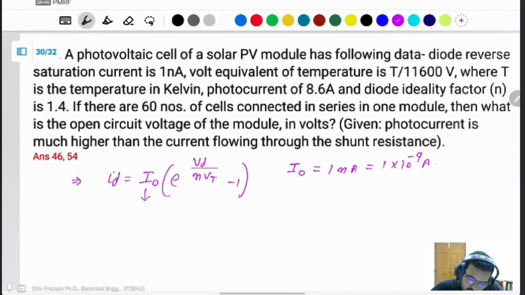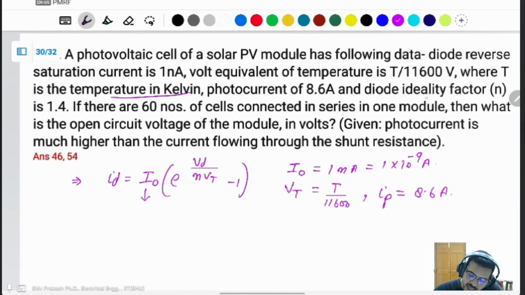Second is the volt equivalent of temperature, Vt, which is T divided by 11,600, with temperature in Kelvin also mentioned. Photo current of 8.6 ampere, which means IP is 8.6 ampere.